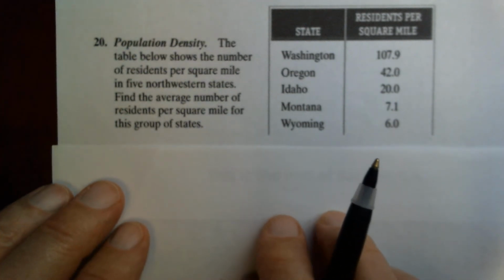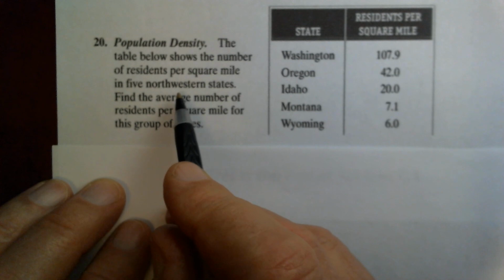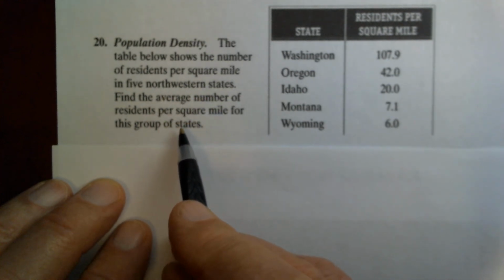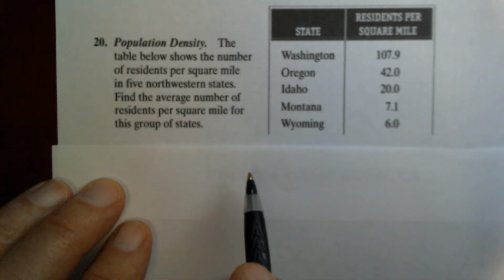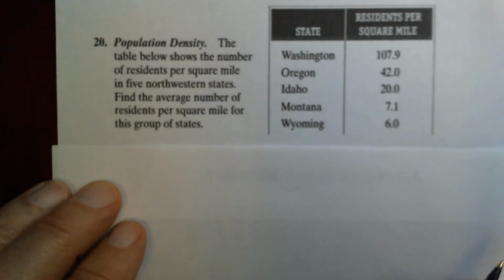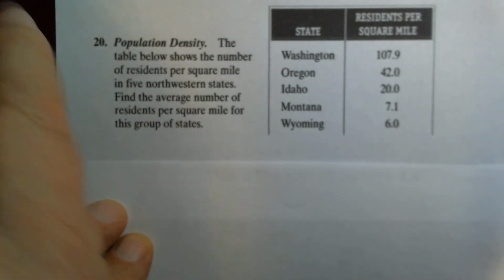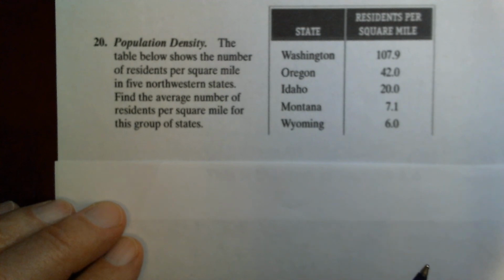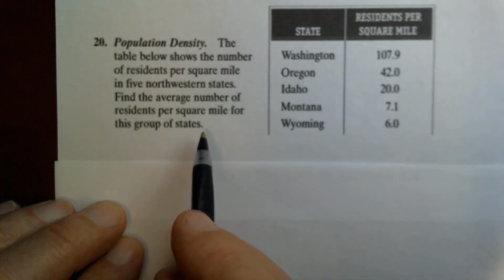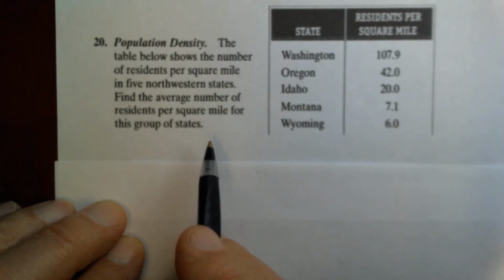Here's an example on population density. The table below shows the number of residents per square mile in 5 northwestern states. Find the average number of residents per square mile for this group of states. Now remember, we find the average of a set of numbers by adding up the numbers, the sum of the numbers, divided by the number of addends.